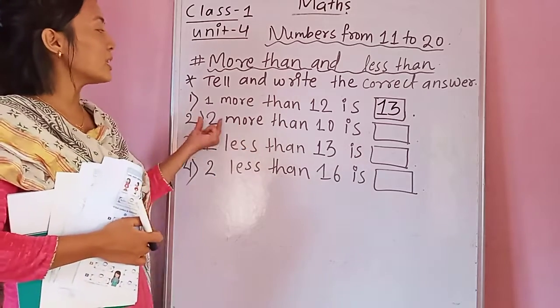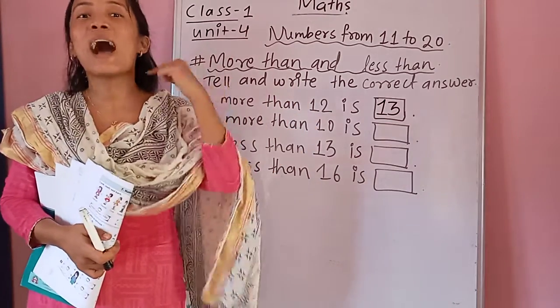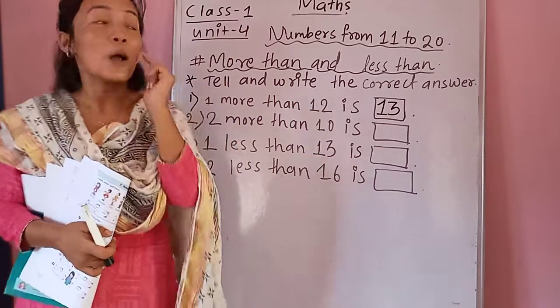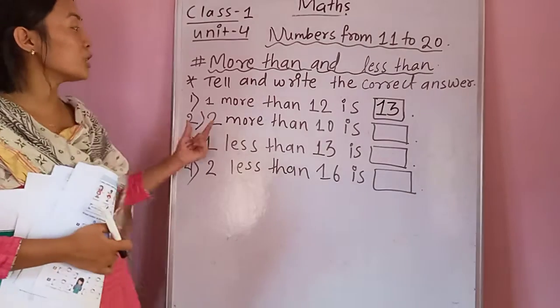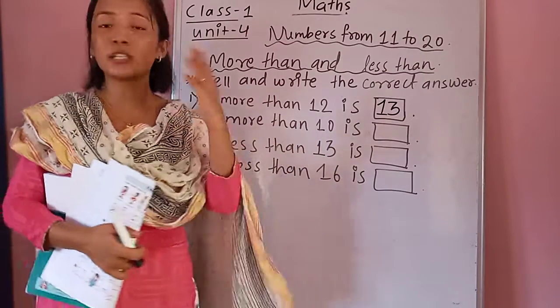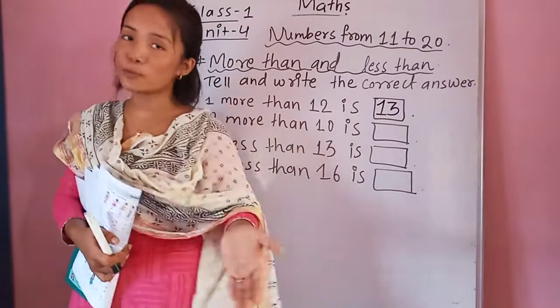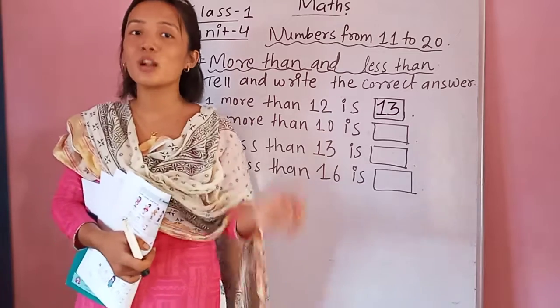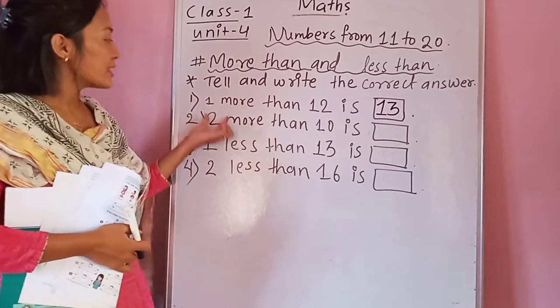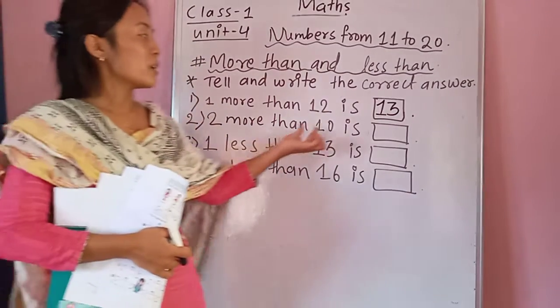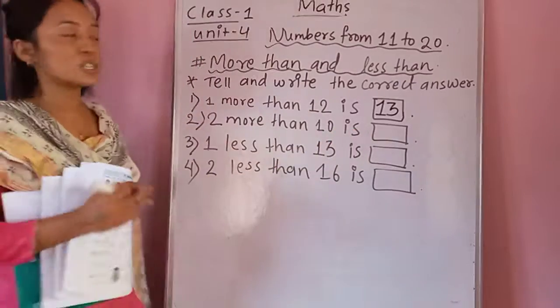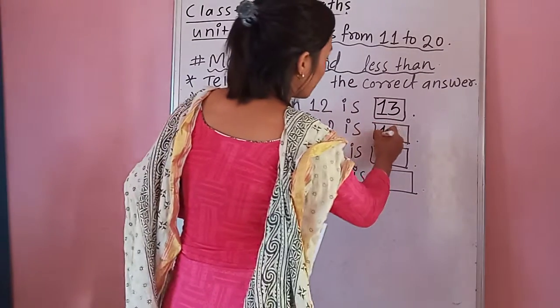If someone gives 2 more pencils to you, then how many pencils will you have? Altogether you will have 12 pencils. So 2 more than 10 is obviously 12.